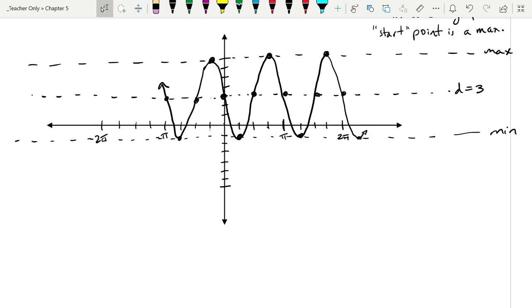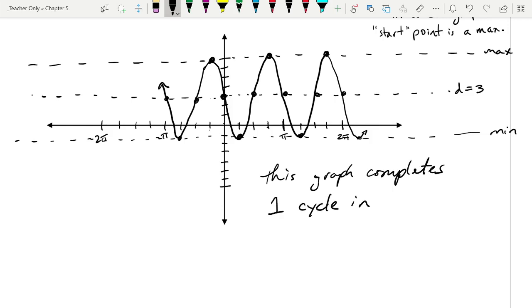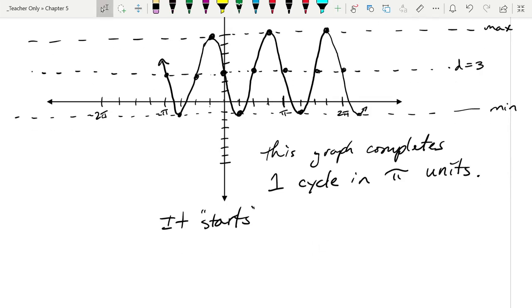So let's kind of look at the properties of this graph. You can say that this graph completes one cycle in pi units. It starts, and I keep putting quotations around the word starts because a graph that's infinite doesn't really have a starting point.